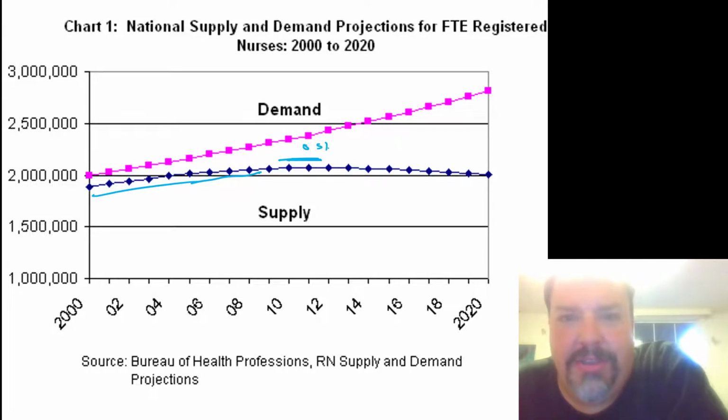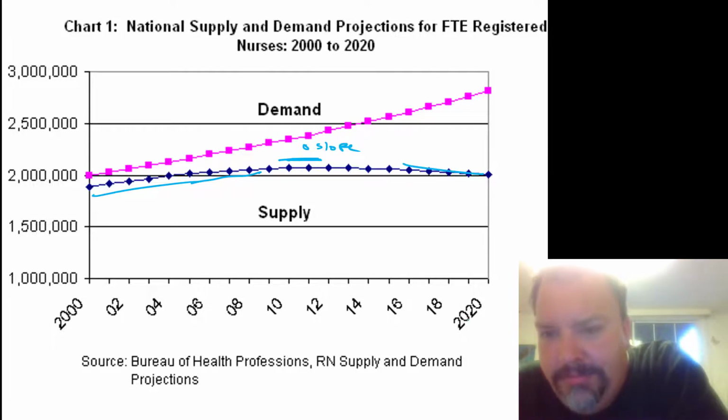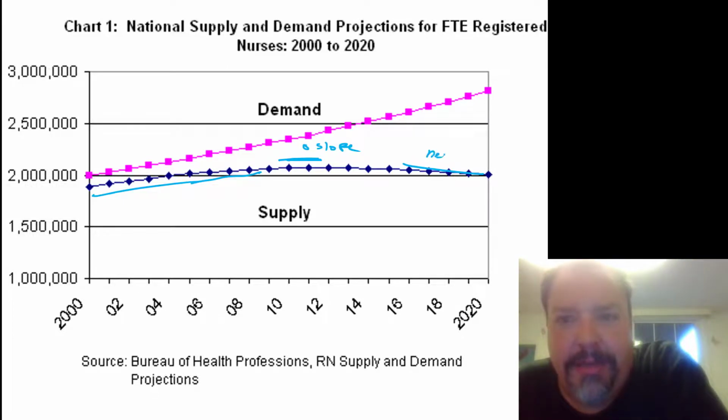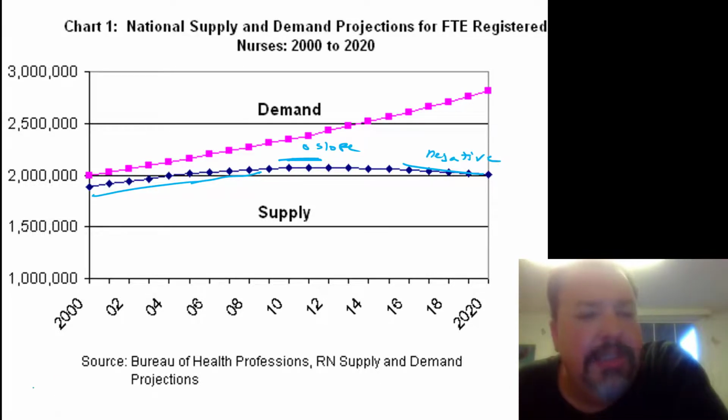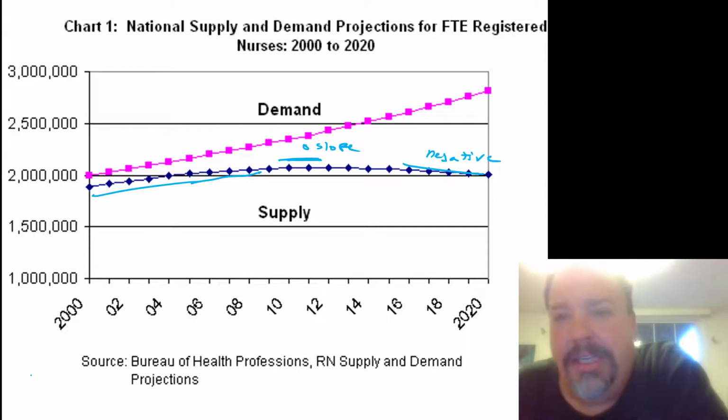Here would have a zero slope, and then towards the later 2020 and so on, it looks like it's actually going down. So the supply is falling, and here we would have a negative rate of change, or negative slope. This shows you that when you're looking at graphs and prices and things like that, slope and rate of change are something that you use all the time, even if you don't realize it.